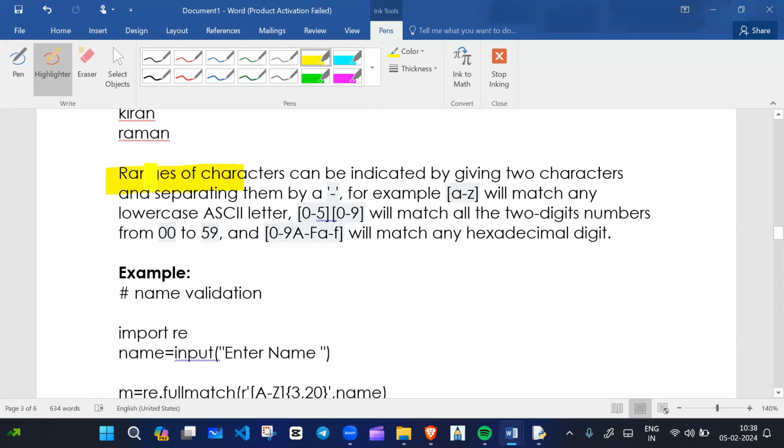Now see, a range of characters can be indicated by giving two characters and separating them by a hyphen.